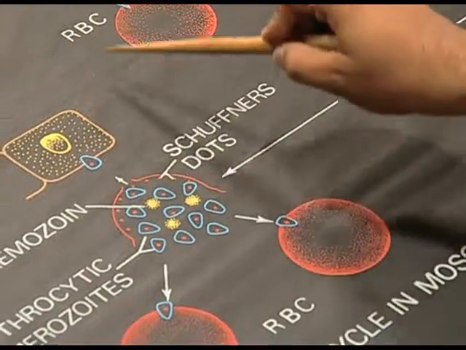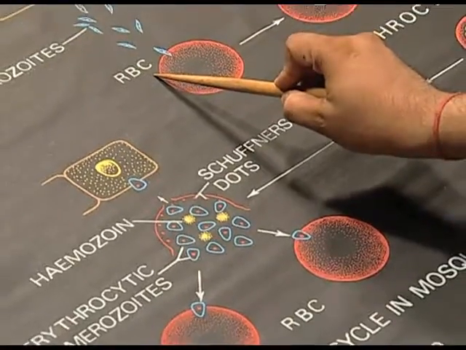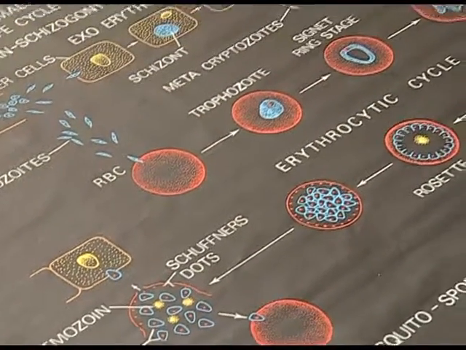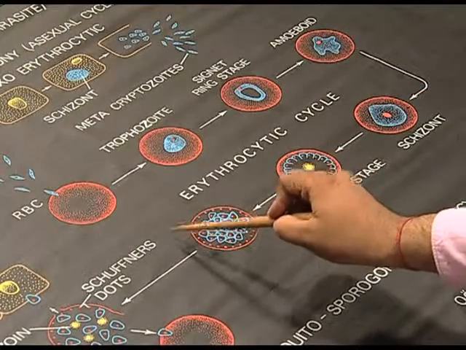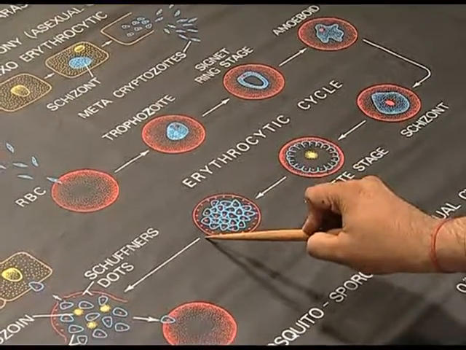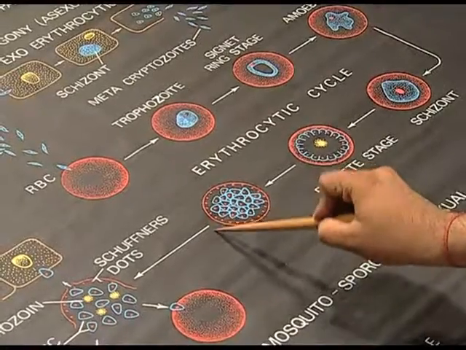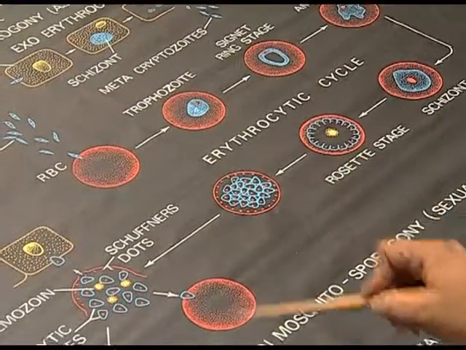They can again reinfect the RBC, and this erythrocytic cycle goes on. A few of the cells or stages, under drug pressure or feeble immune pressure, will develop into gametocytes.